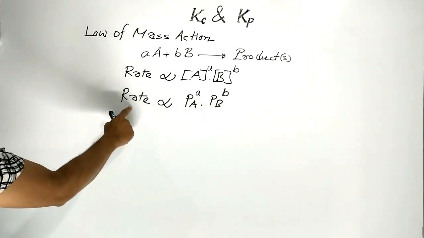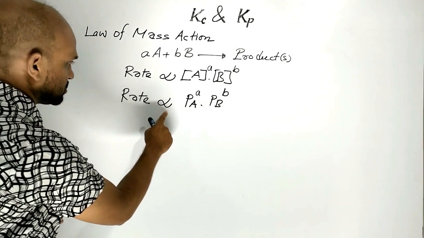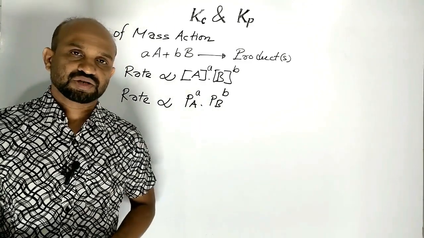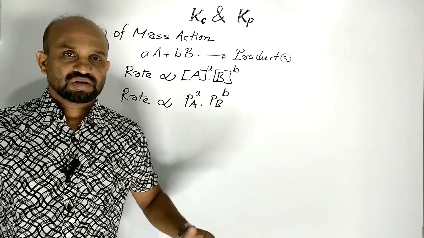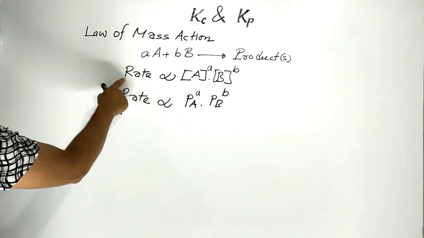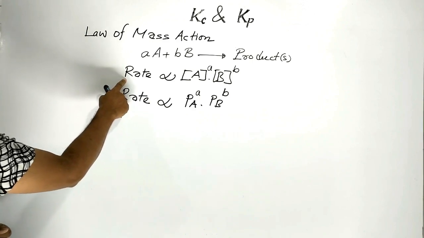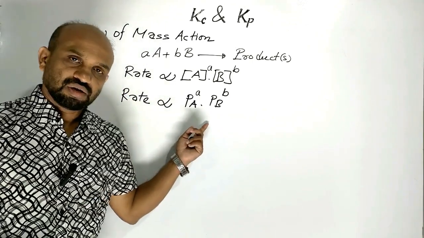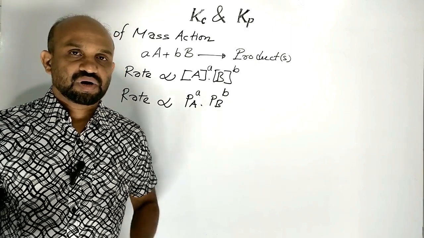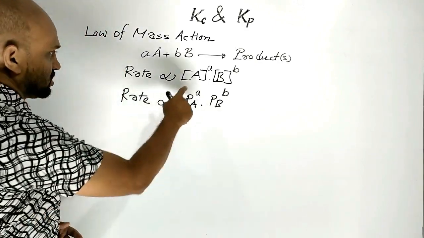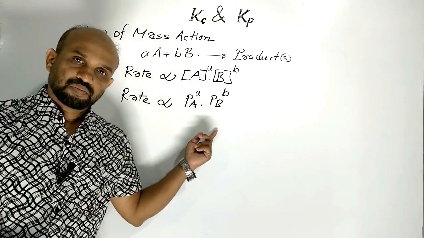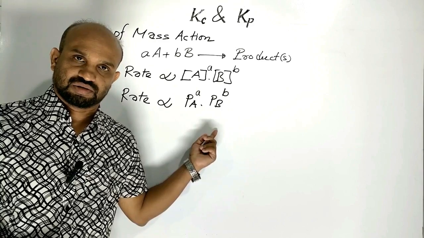So, rate of the reaction is directly proportional to the product of the partial pressures of the components when the components are in gaseous state. So, rate is directly proportional to the active masses of the components. Active masses mean molar concentration of the components or partial pressures of the components.